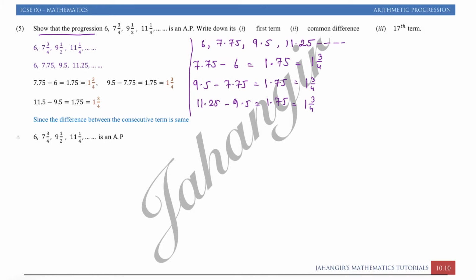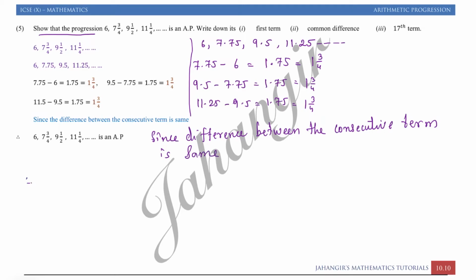Since the difference between the consecutive terms is the same, we can say 6, 7 3/4, 9 and a half, 11 1/4 is an AP.